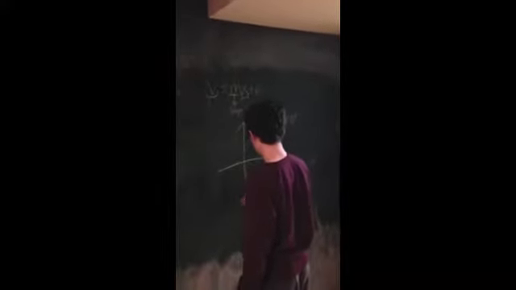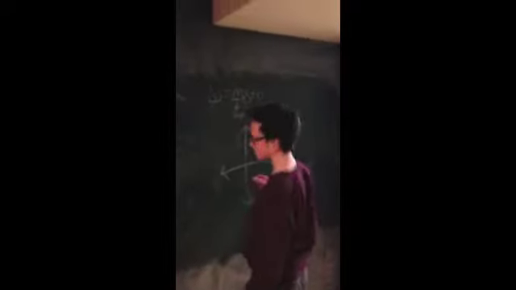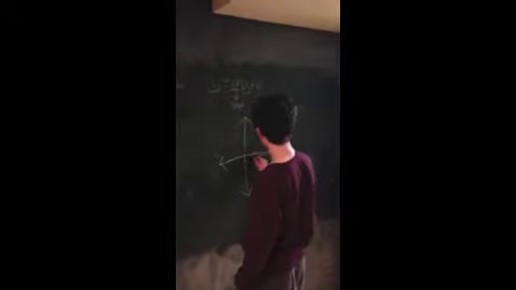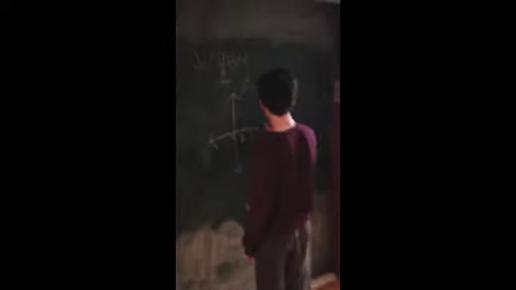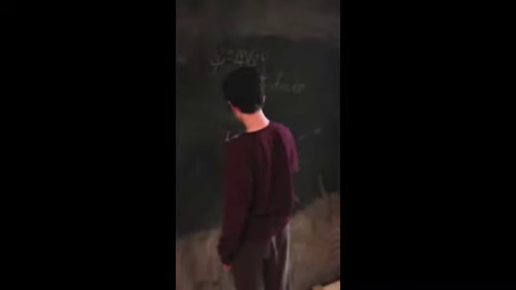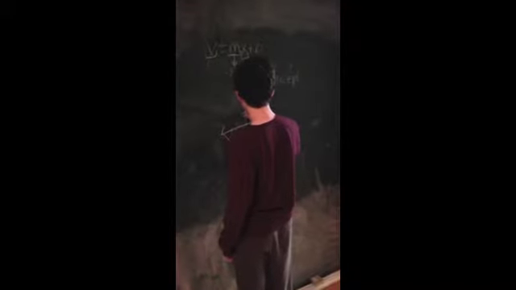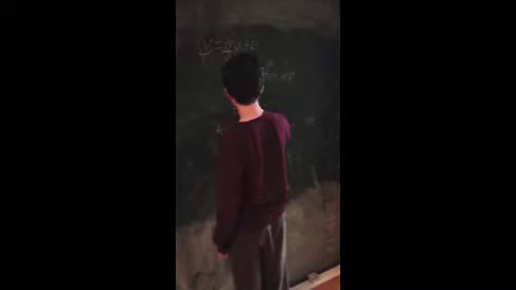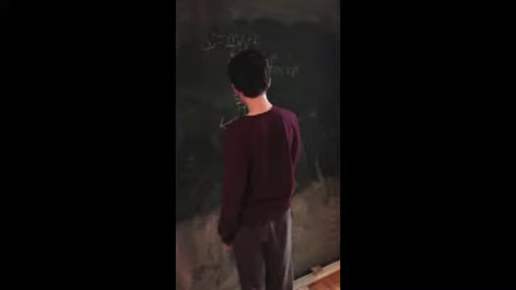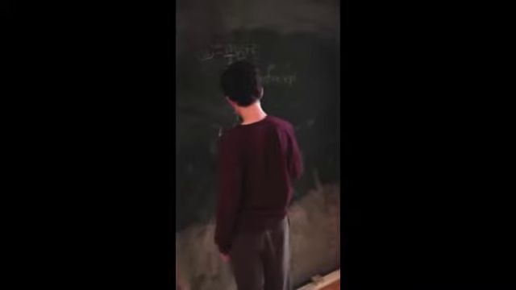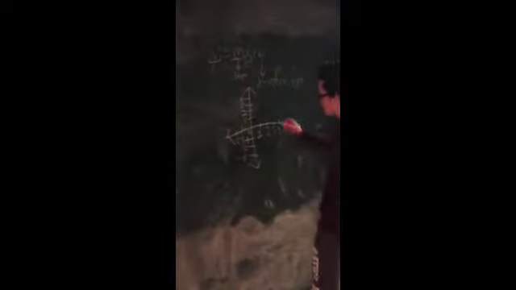Now, this is what's known as a Cartesian graph, two axes. Okay, so now let's take a point here.